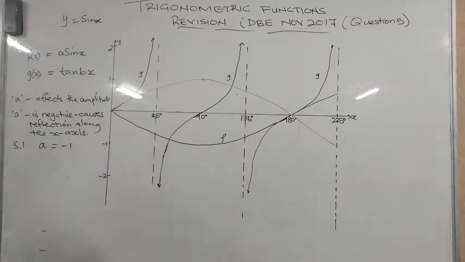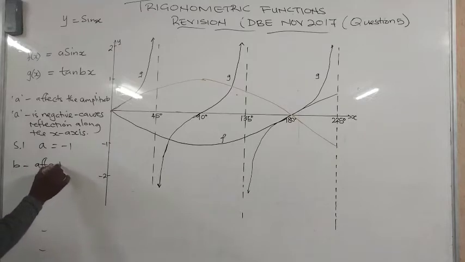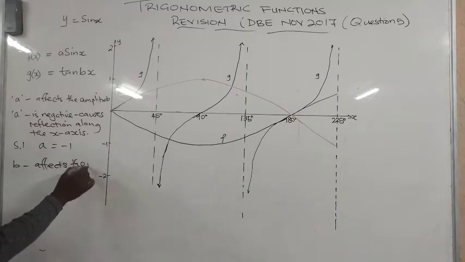Now b is on the graph of g of x, and look at the position of b. B is multiplying the angle, so the effect of b is on the period. So b affects the period.